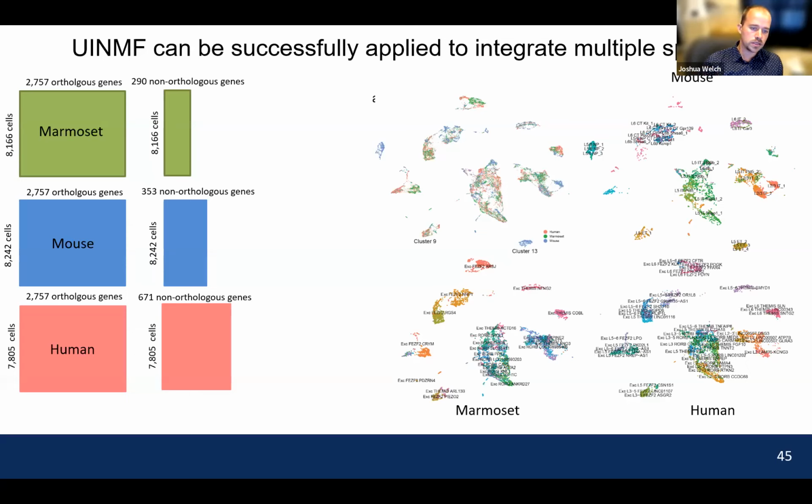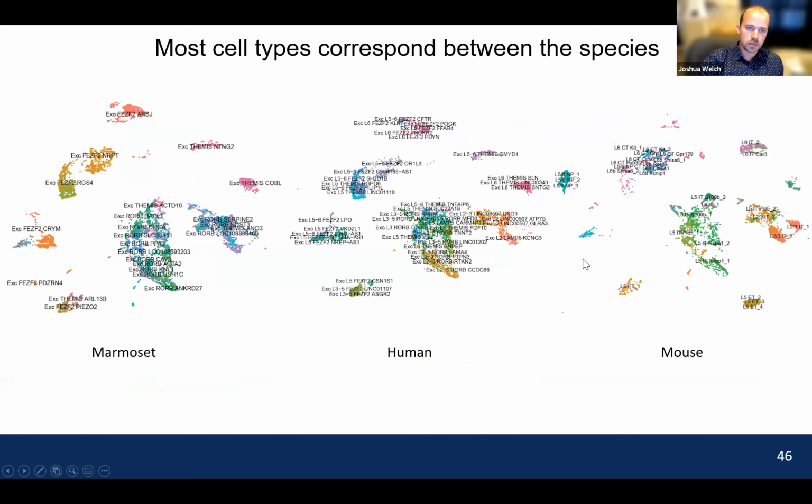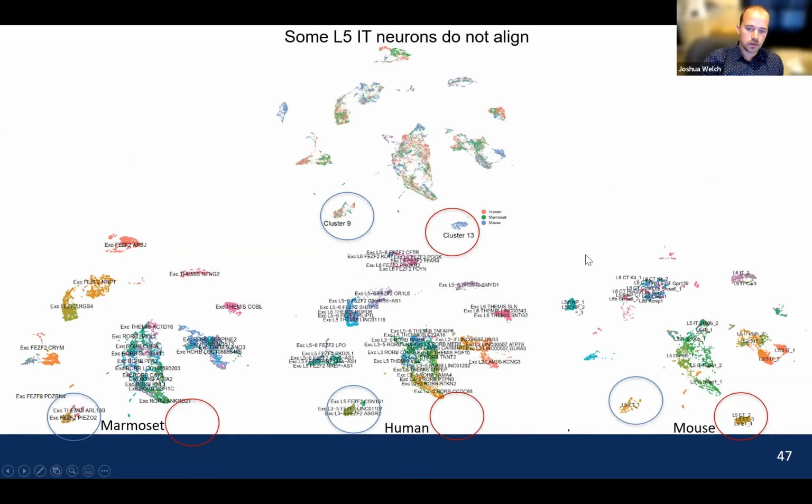So in this case, each data set had a set of unshared features. And if we do this, we find that most of the cell types are quite well integrated, and we see very few cell types that are specific to one species. However, there's one clear exception, which is that some of the layer 5 IT excitatory neurons do not align. In particular, we found this cluster 9 that aligns between human and marmoset but has no mouse cells, and this cluster 13 that has only mouse cells.